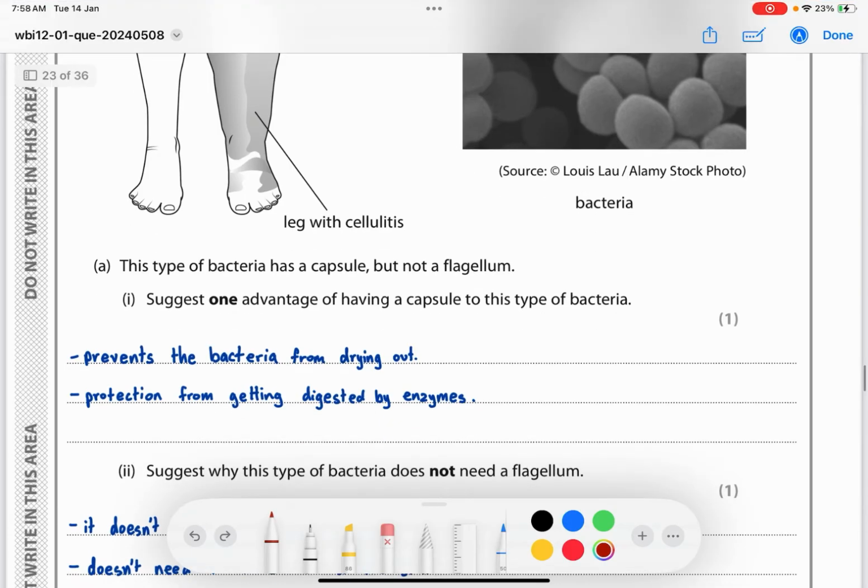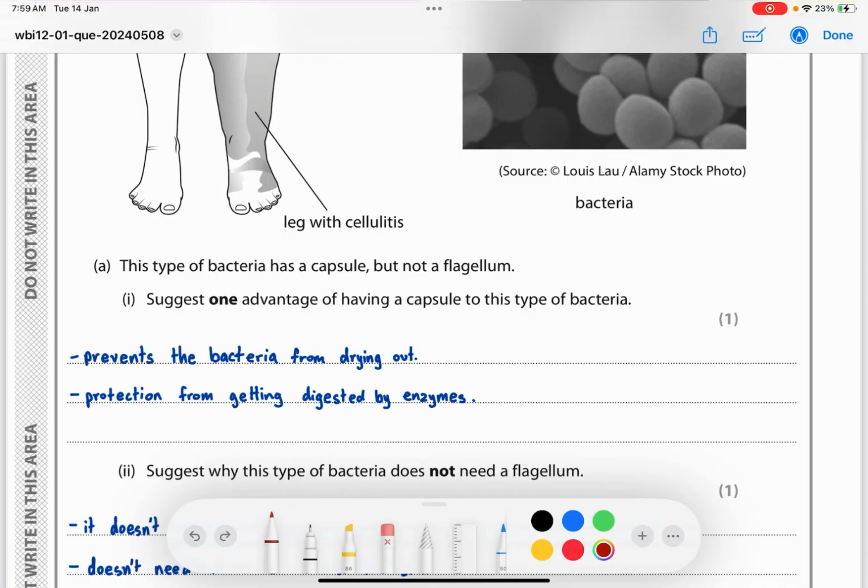So, give one advantage of having a capsule to this type of bacteria. The first one I wrote is that it prevents the bacteria from drying out. Second one is protection from getting digested by enzymes. So when a bacteria cell has a capsule, it makes it more resistant. It makes it more strong.